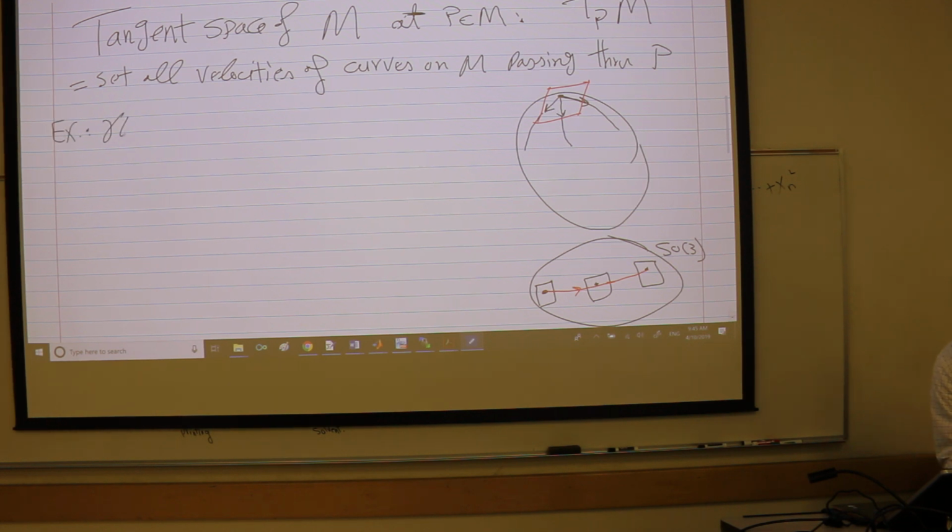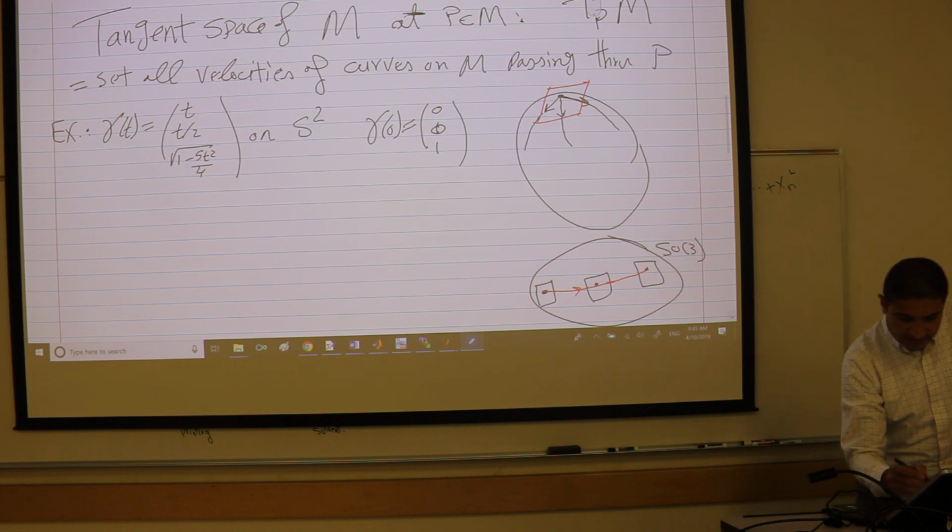So gamma of t is a curve, so it takes a real number in an interval and gives you a point of the manifold. So this is like t over 2, square root of 1 minus 5t squared over 4. This is on S2, okay? Gamma of 0, substituting t equals 0, is (0, 0, 1), right?